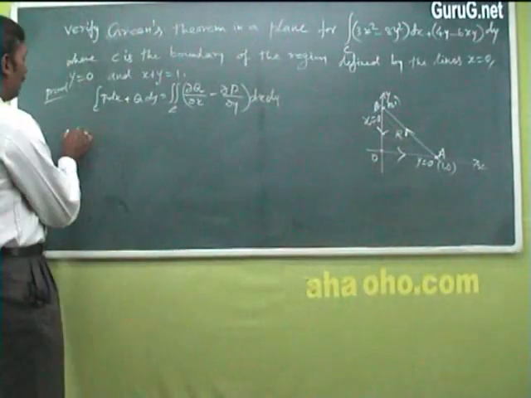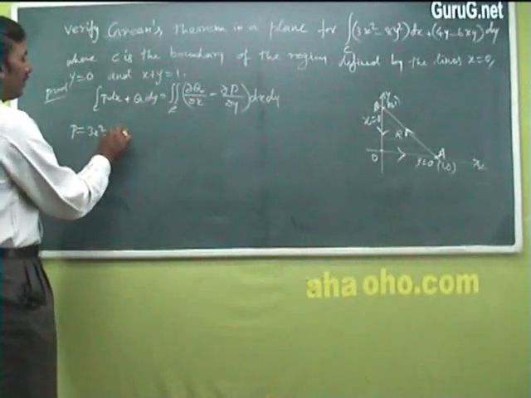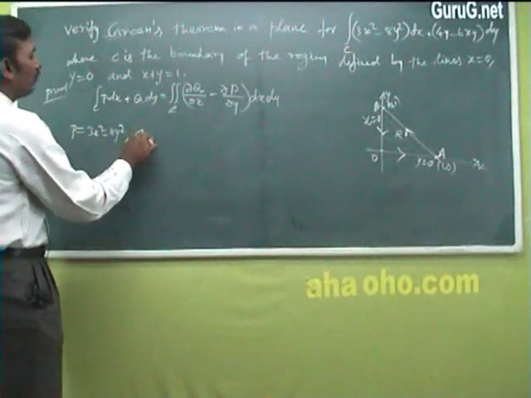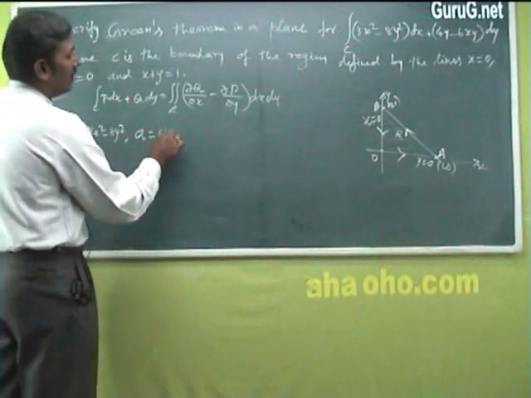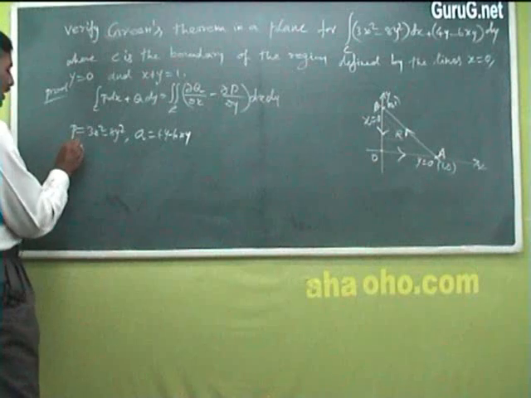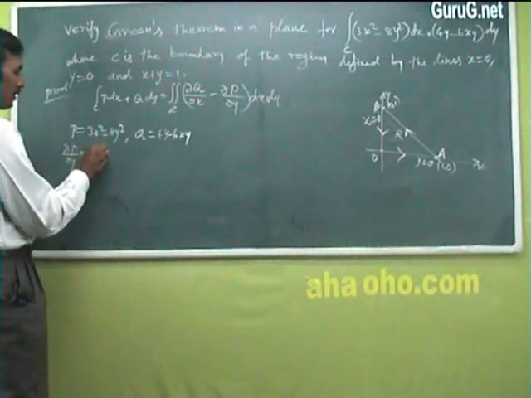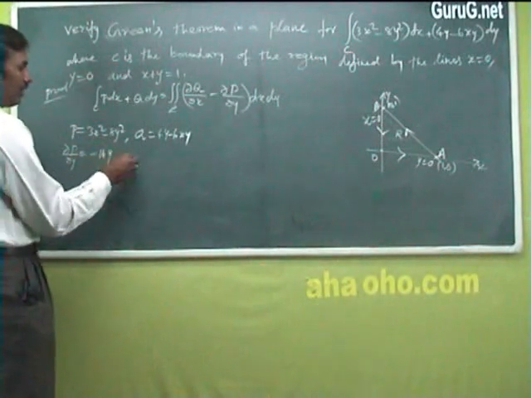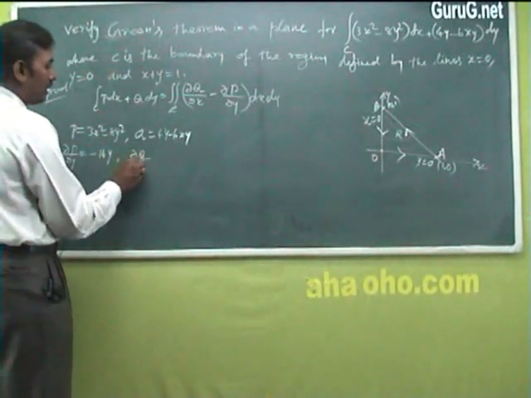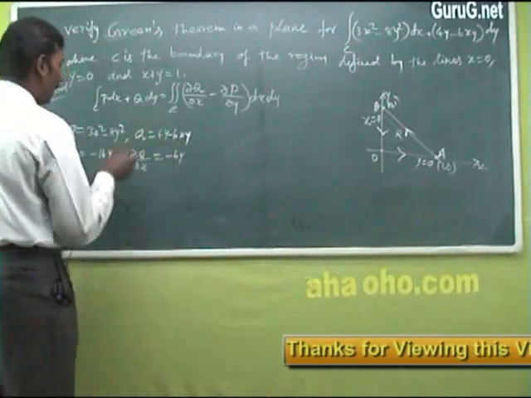Okay. So now we have P equal to 3x squared minus 8y squared, and Q equal to 4y minus 6xy. We take the right hand side. So dou P by dou y, differentiating with respect to y, equals minus 16y. So dou Q by dou x equals minus 6y.